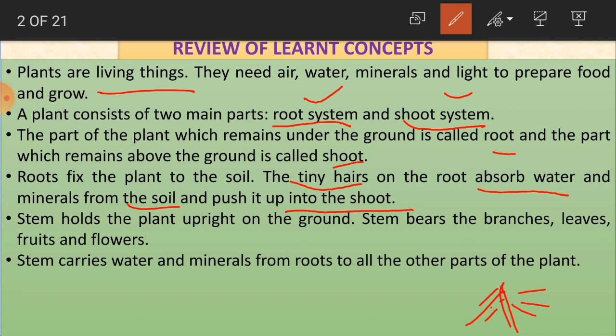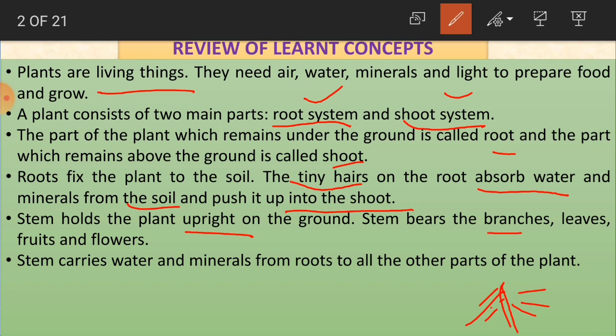The stem holds the plant upright on the ground. What does this stem do? It holds the plant upright. Upright is nothing but in a straight position. It holds the plant and makes it stand up straight on the ground.